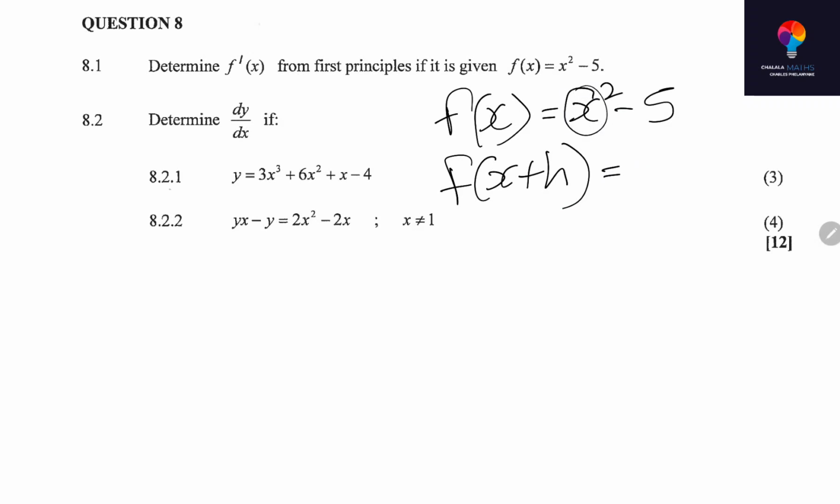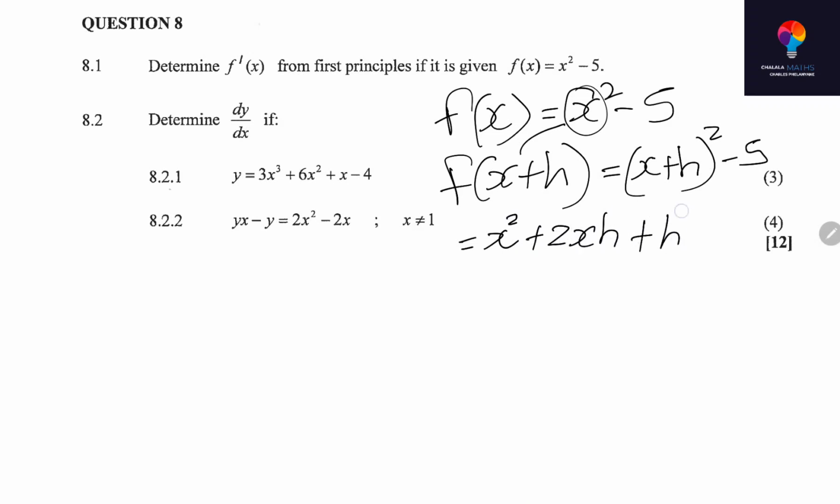Whenever there is x, we're going to replace it by x plus h, which is going to give us x plus h to the power 2 minus 5. As we expand it, we're going to get x squared plus 2xh plus h squared, quadratic equations, minus 5.